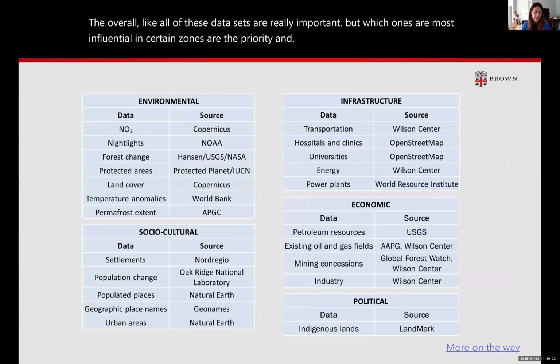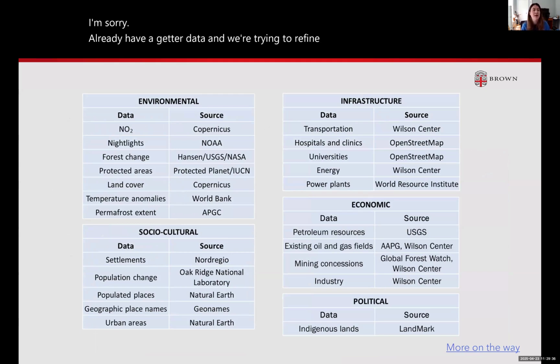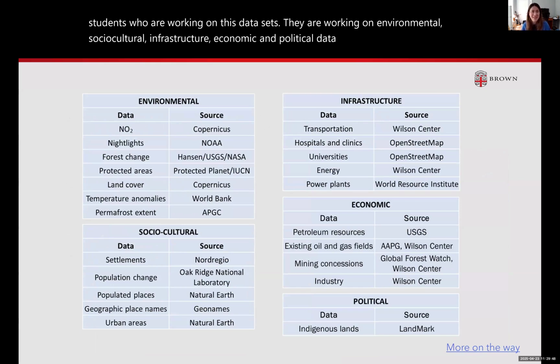Currently, I have students who are working on the original NSF project, which already has gathered data, and we're trying to refine and enrich that. They are working on environmental, sociocultural, infrastructure, economic, and political data sets. More on the way, as I said.